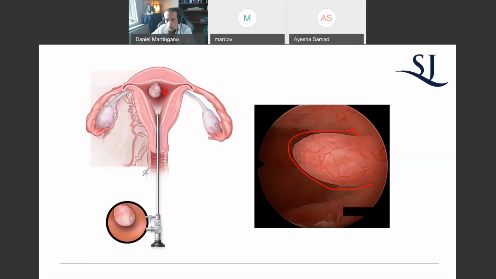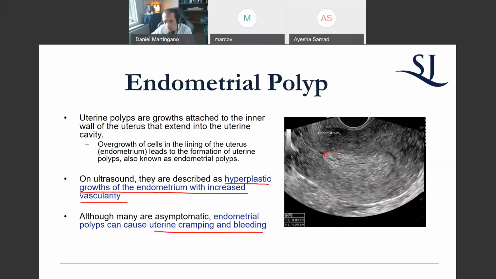On ultrasound, you see something that presents as a thickened endometrium. Usually, a thickened endometrium is not a term that's used in the premenopausal patient, because sometimes to have a tissue that's developed is normal.